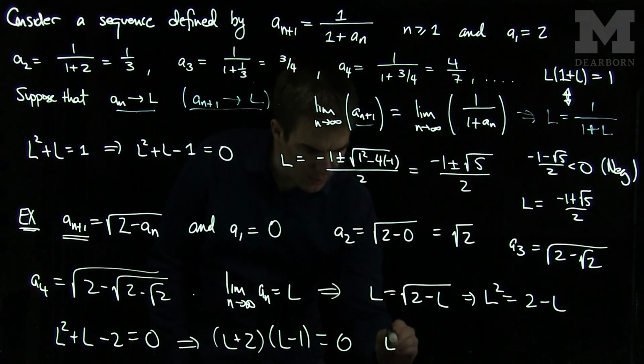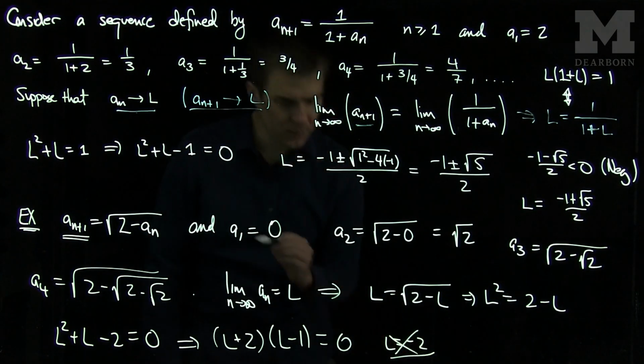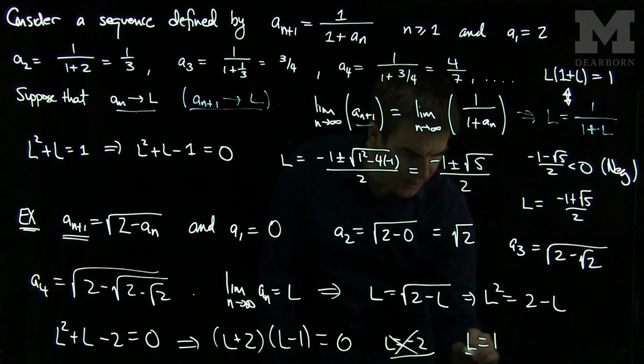Of course, L cannot be equal to negative 2 because we have a square root, so that's impossible. So we conclude that the limit of this sequence is equal to 1.